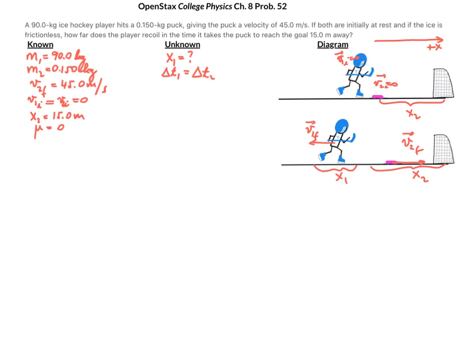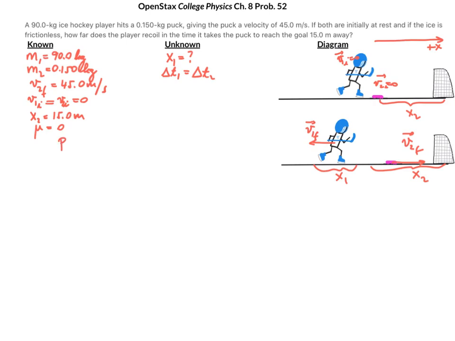So it's a classic example of an inelastic collision where initially the system is at rest. So we have the hockey player and the puck at rest, but after the hockey player hits, the puck will move towards the goal, the hockey player will move backwards, and we will have conservation of momentum.